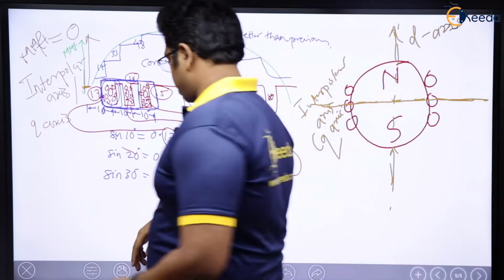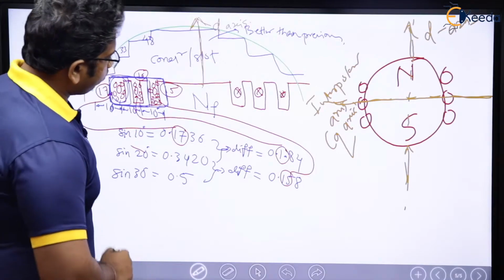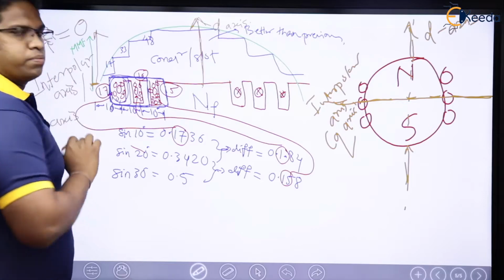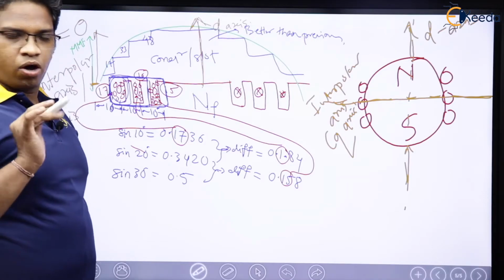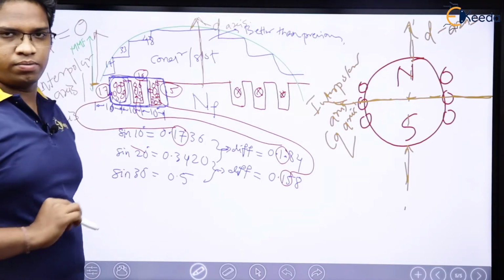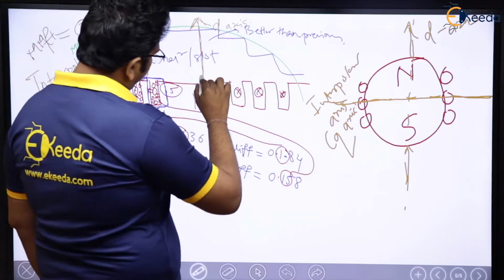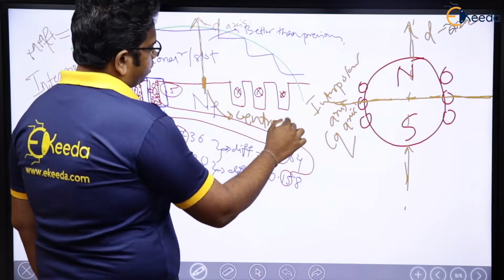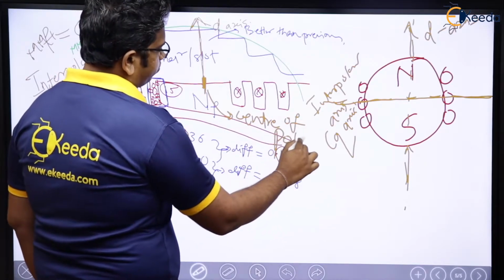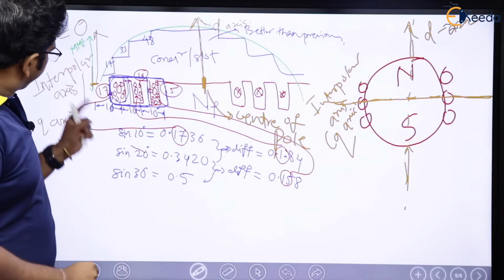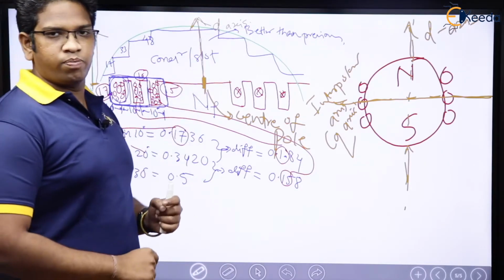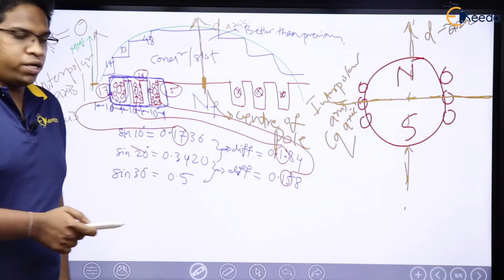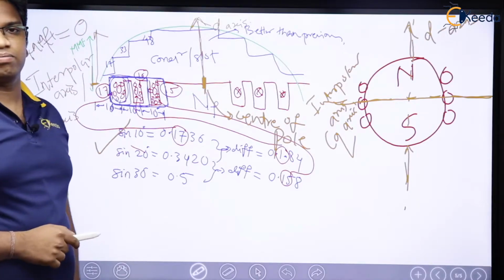Moral of the story: what do we infer? We infer that from the interpolar axis to the center of the pole, which is of course the center of the pole, the conductors per slot are reduced depending on the sine function.